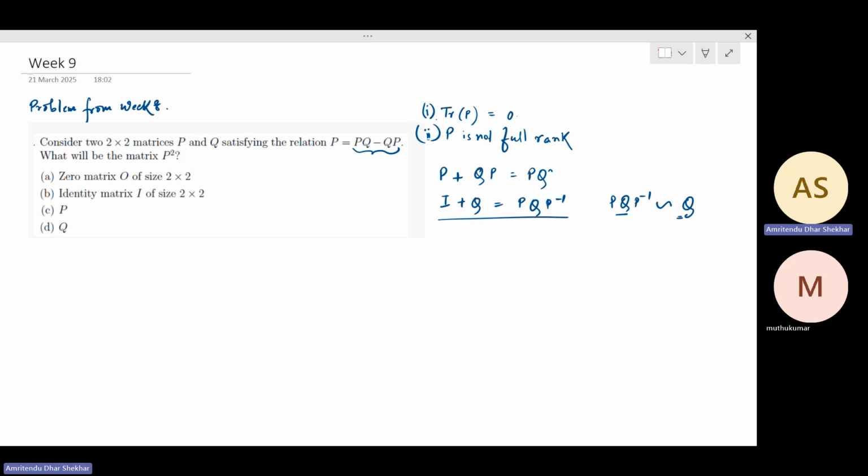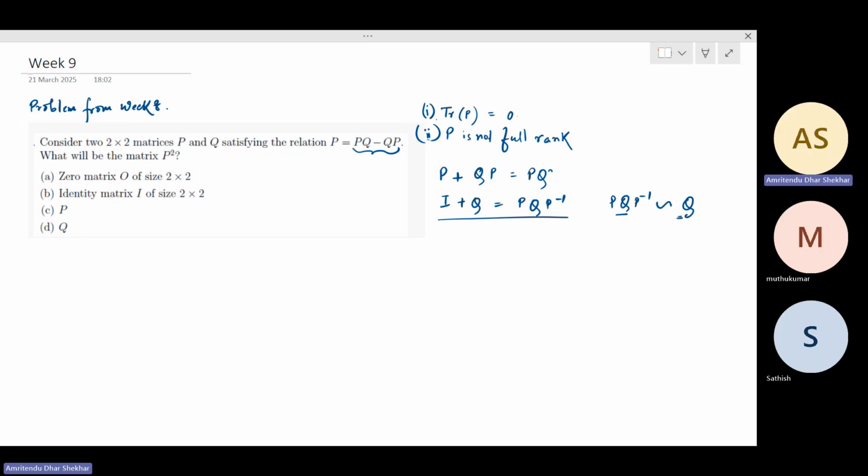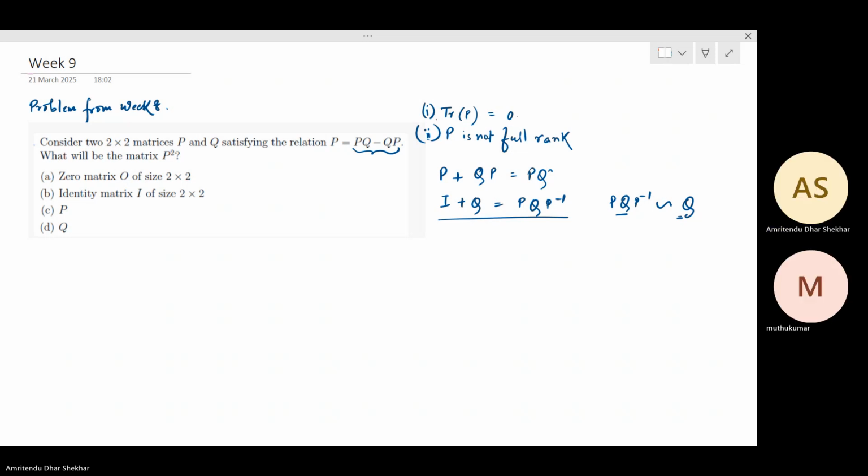So even though they're real matrices, you can always consider complex eigenvalues of P and Q, and you basically arrive at this contradiction. So P cannot be full rank. These two statements you can obviously state for all n cross n matrices.